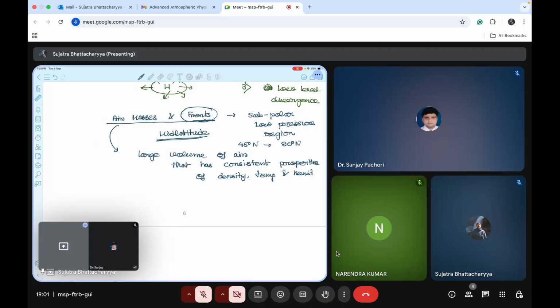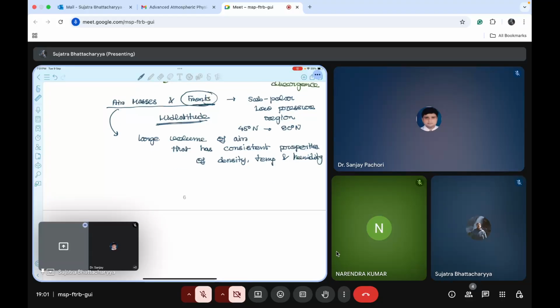These are the properties which remain constant in an air mass. Okay. So consistent properties with respect to what? With respect to the surrounding air.